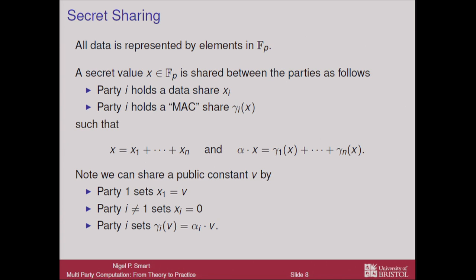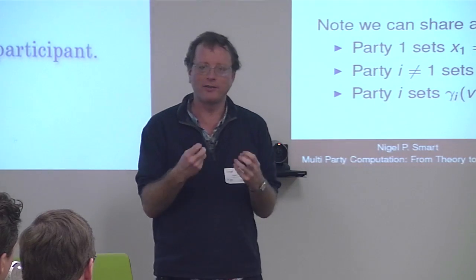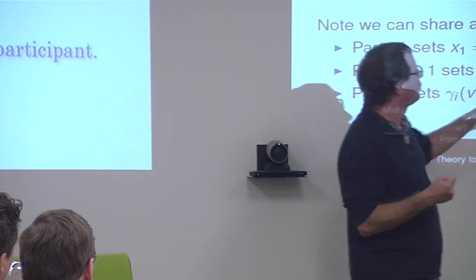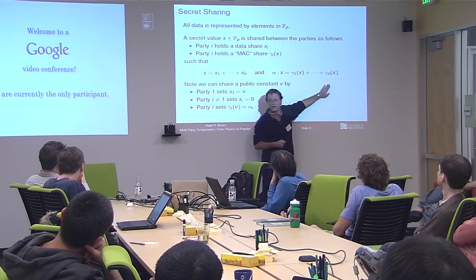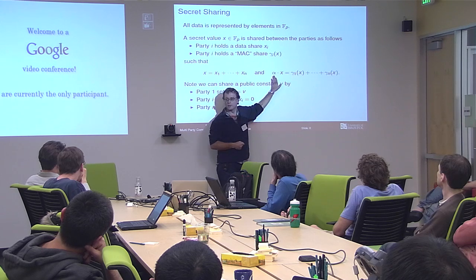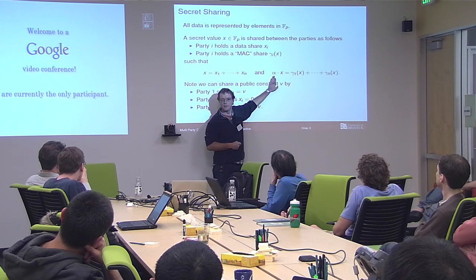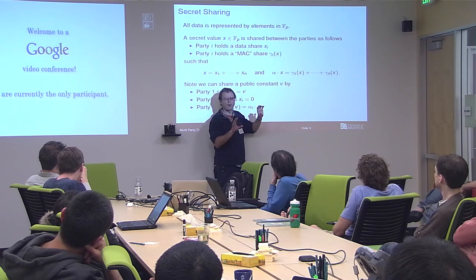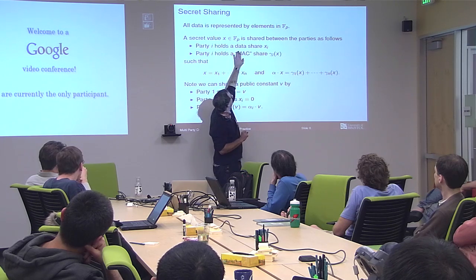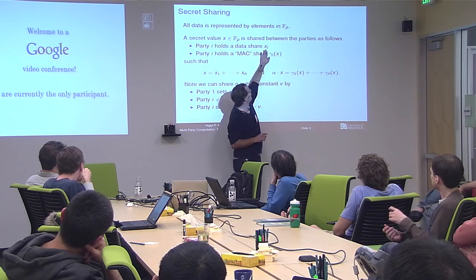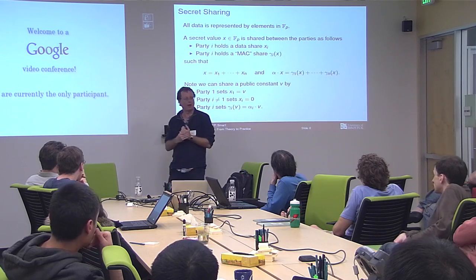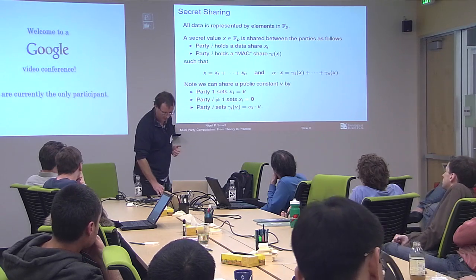If we all revealed our shares of the mac, we'd all be able to compute the secret key, and we want that secret key to always be secret. So we never reveal the mac value. When we say partially open a value, we reveal the xi, but not the gamma i.